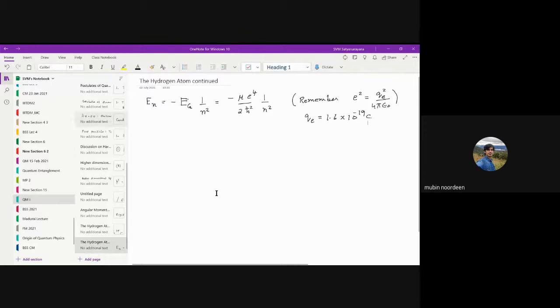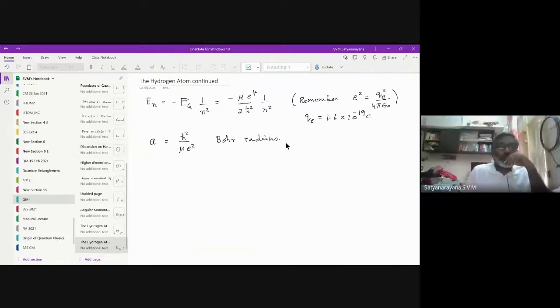So we have a is equal to h bar square by mu e square, and this is what we call the Bohr radius. So these are the energy eigenvalues, and this is the length scale associated with that.